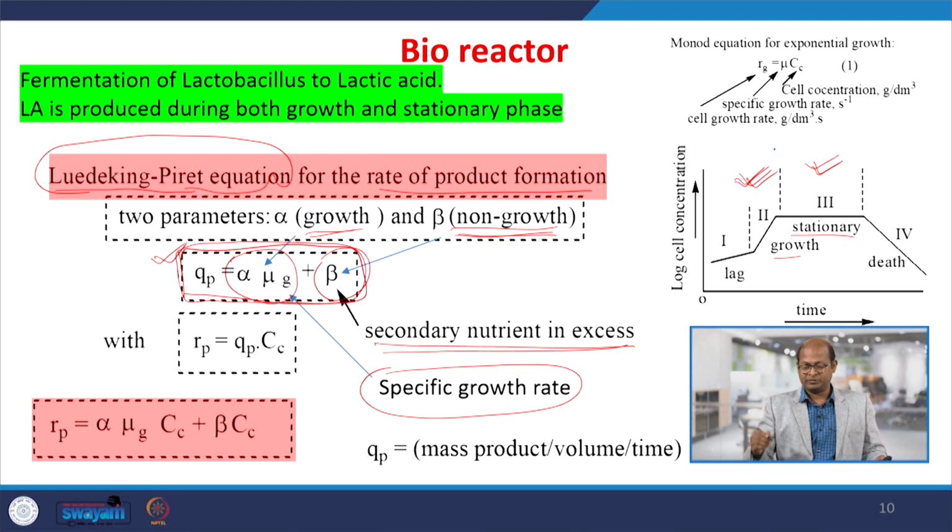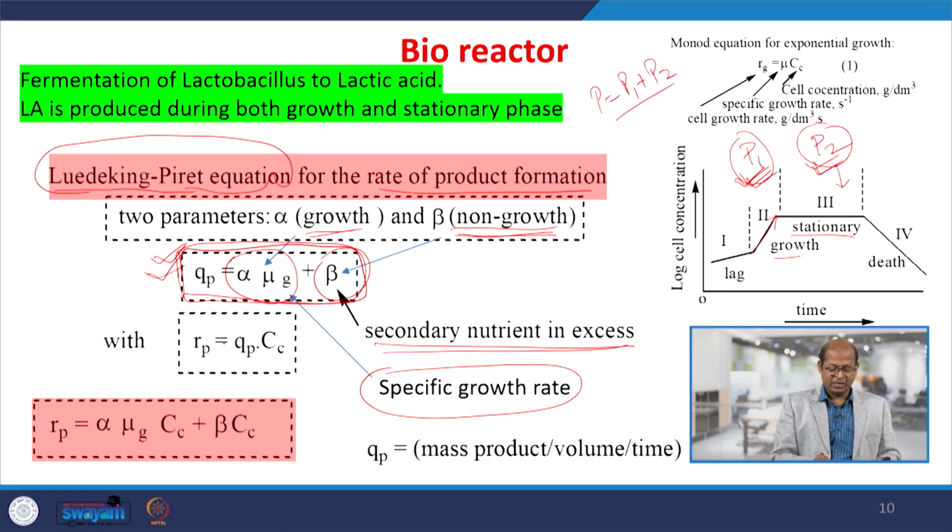Here substrate consumption is there as well as product formation, here also product formation is there. So, P1, P2 let us say. At this particular stage P1 quantity of product is formed, at this stationary phase P2 amount of product is formed. So, for these reactions the total product formation would be P equals P1 plus P2. Okay. So, this way you can define.